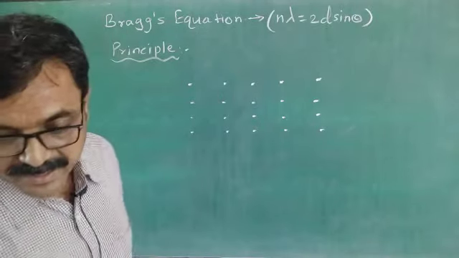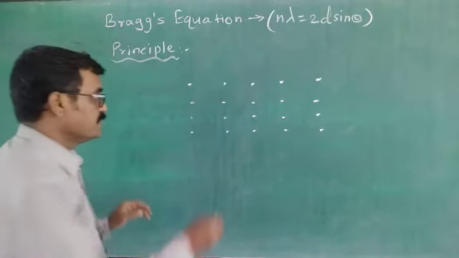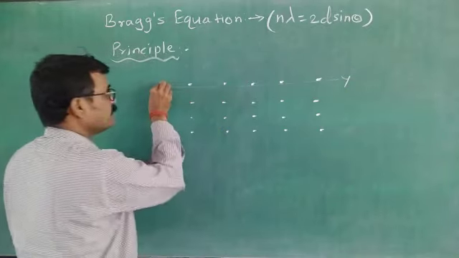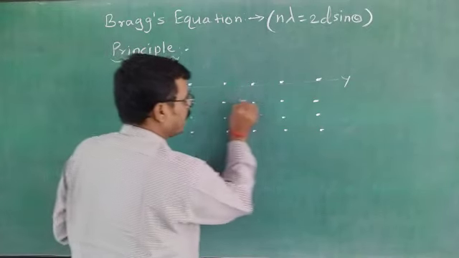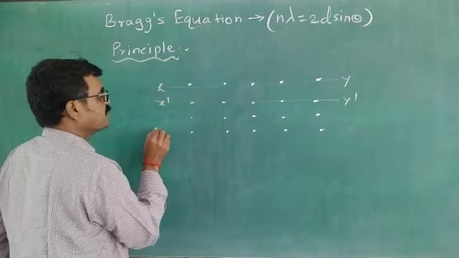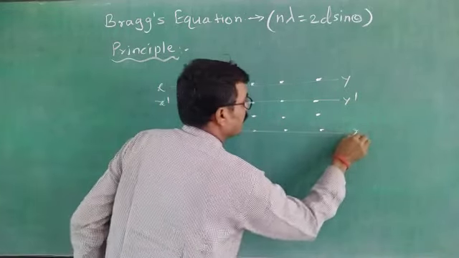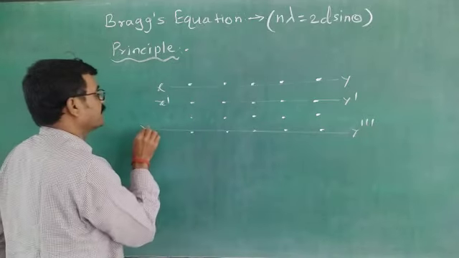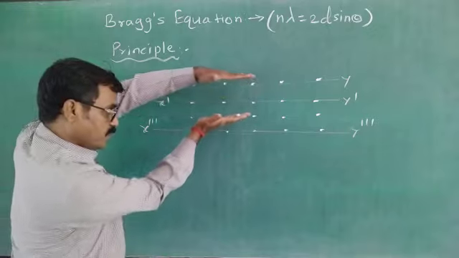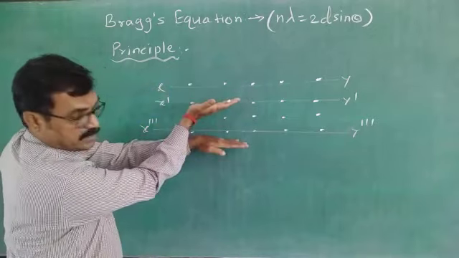Now consider a crystal plane. Suppose this is the first plane XY, this is the second plane X dash Y dash, and this is the third plane X double dash Y double dash. This is the first plane, below this the second plane, below this the third plane.